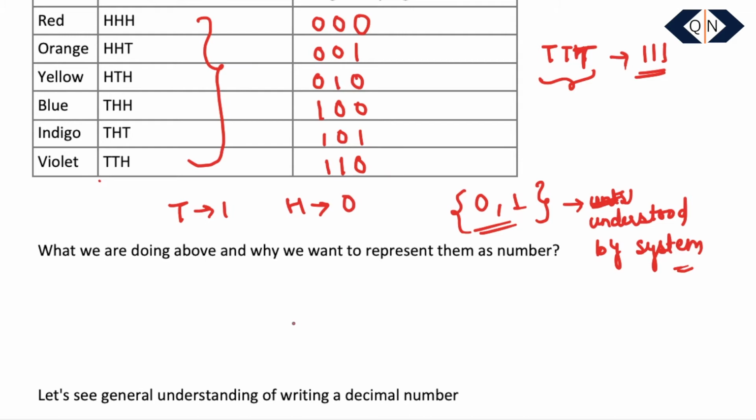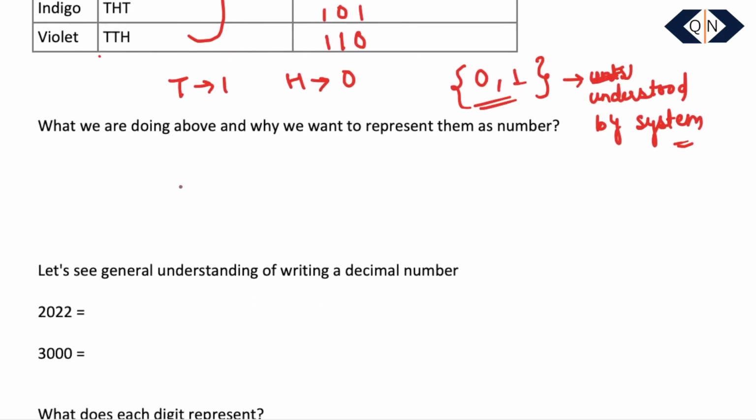Numerical things make it easier to compute, means we can add, multiply or divide numerical things, so it makes it easier for the computer to process the physical thing in numerical format.